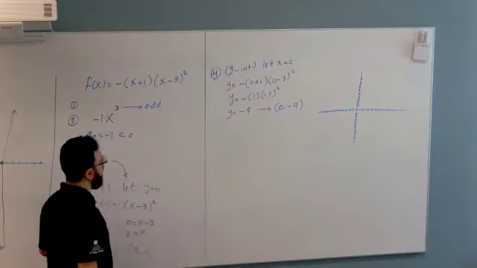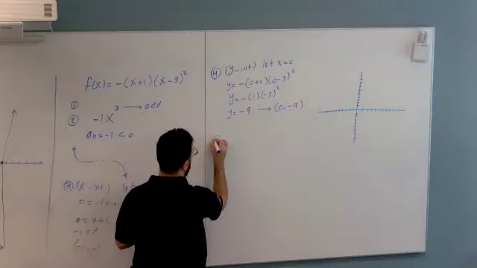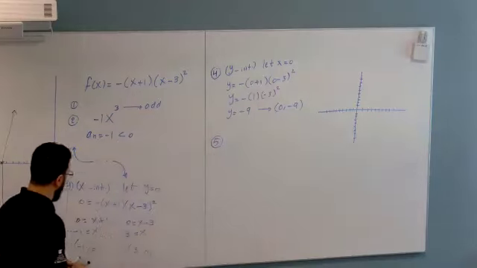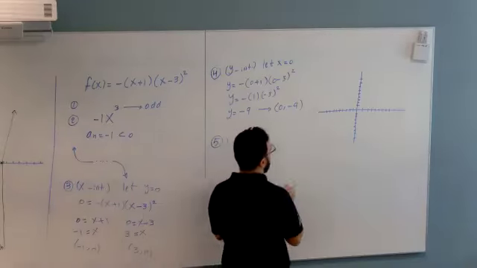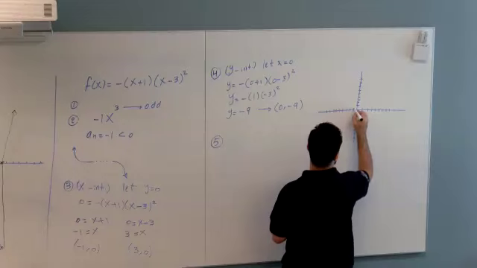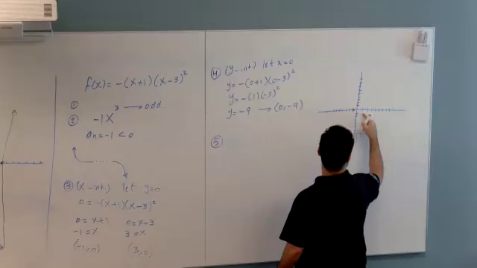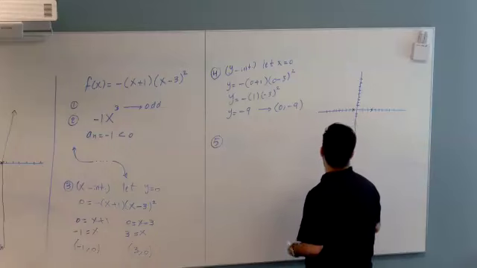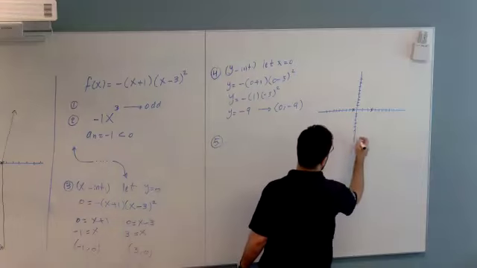Now let's graph. I didn't go to step 5 because I said I only do step 5 if needed. X-intercept negative 1 and 0. So here's the first x-intercept. And the next intercept is at 3, 1, 2, 3. Y-intercept is 0, negative 9.